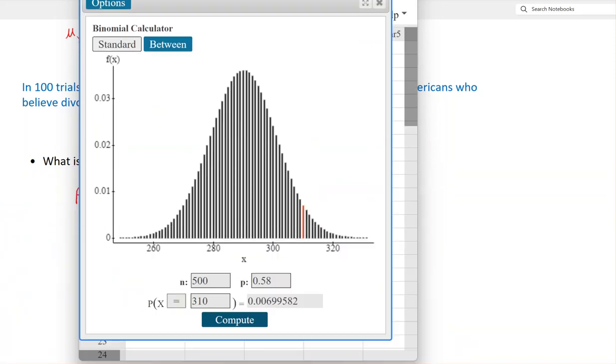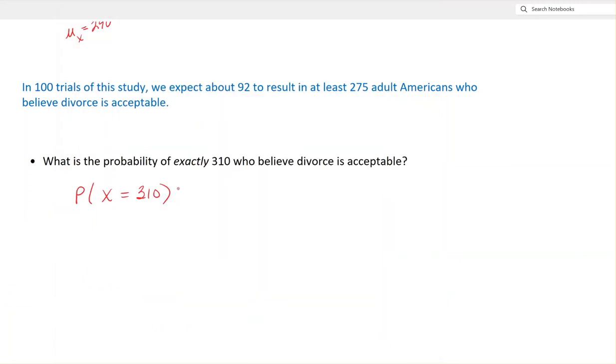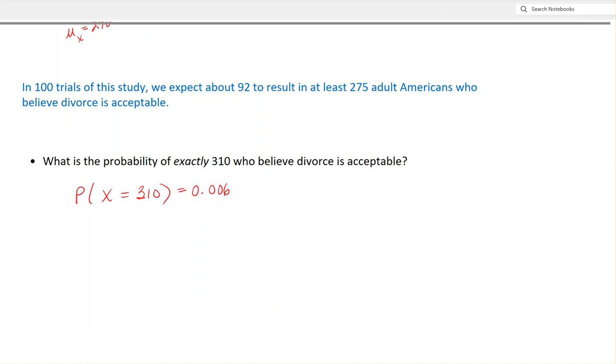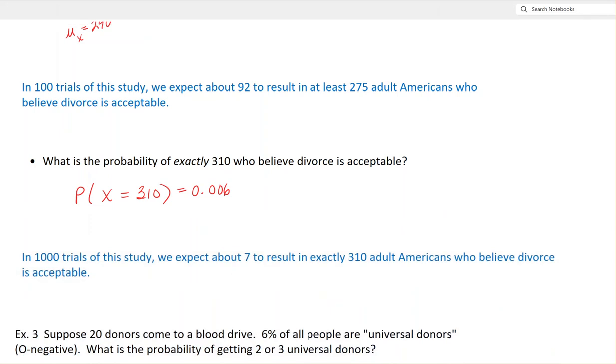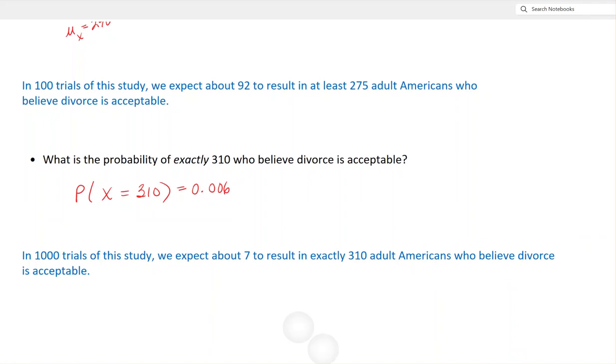Hit compute, and you can see here that the probability of getting exactly 310 people out of the 500 is 0.006. And how would I interpret that? When I interpret it, it might look something like this. In 1,000 trials this time, remember we're letting that number be our place value, and I should have rounded up to 7.